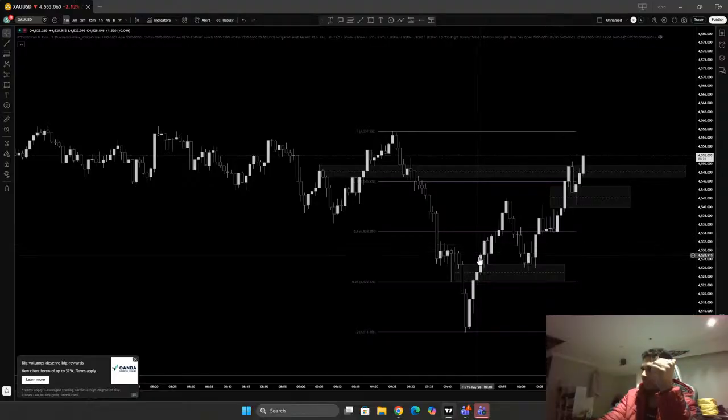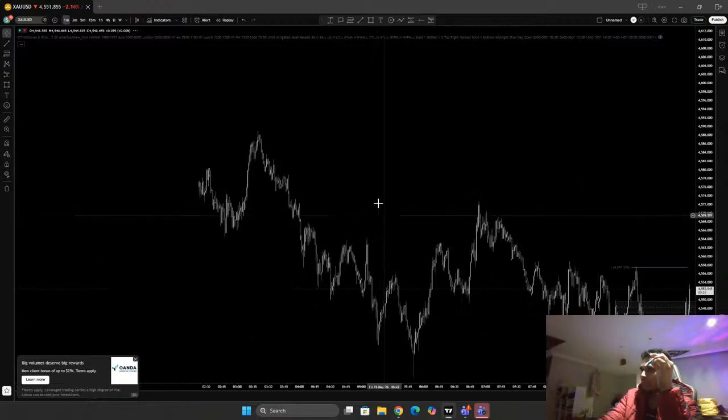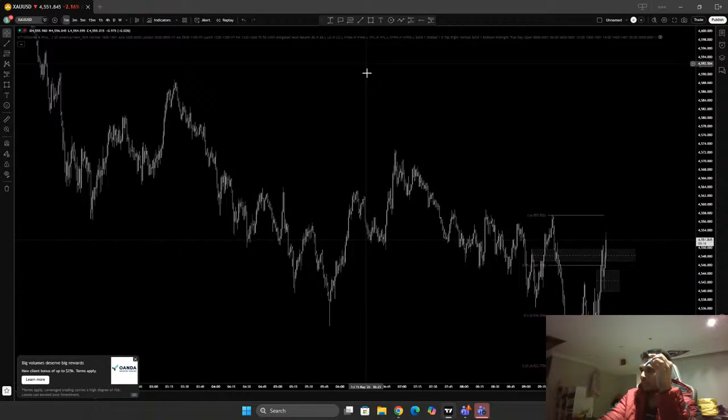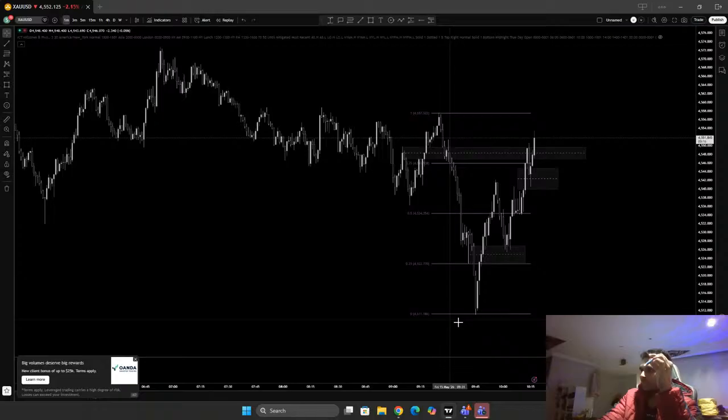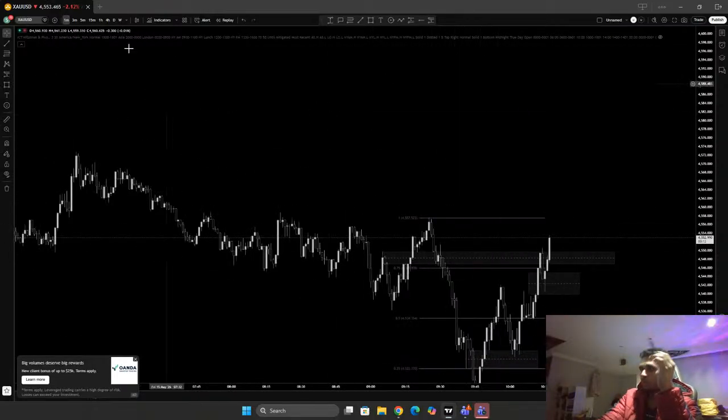I should be okay with that, right? So if the whole thing is manipulation, then it should go to this and this. That's my whole point. Because it leaves this liquidity open and it wants to go higher now, bro.